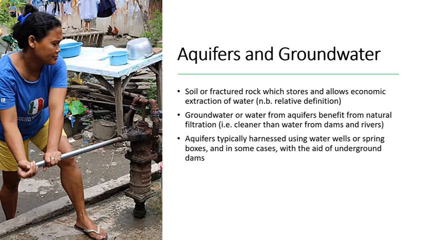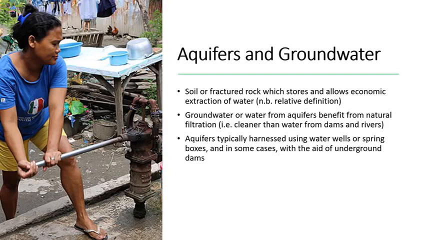Anyway, groundwater is actually better than surface water in terms of water quality, because groundwaters are actually naturally filtered by the porous media. And there are many ways to harness or abstract water from aquifers.